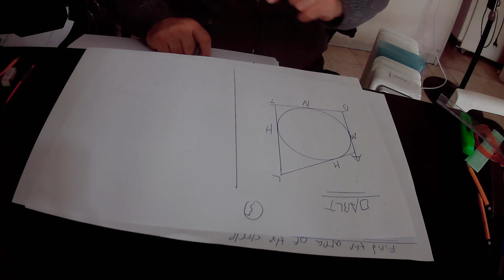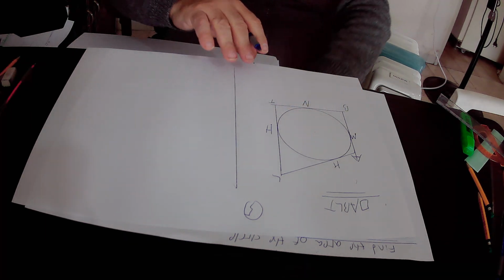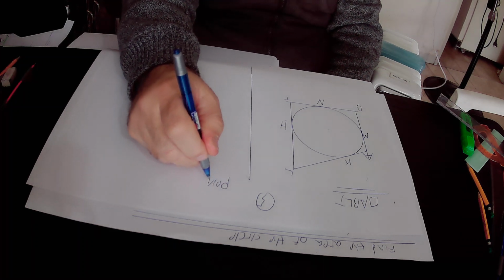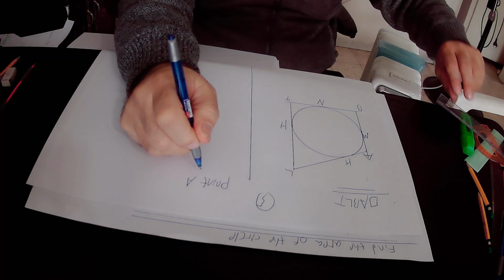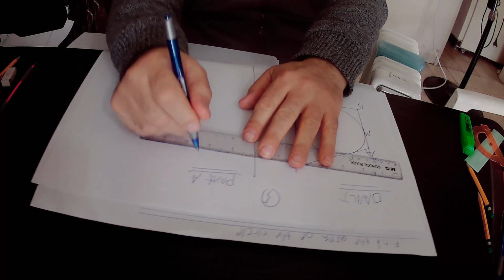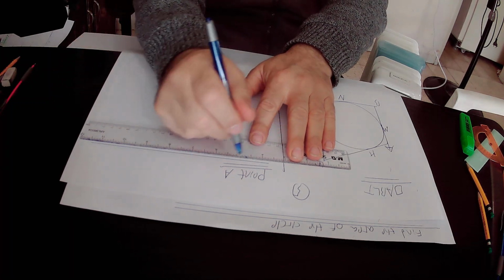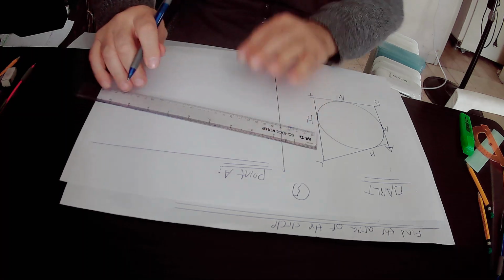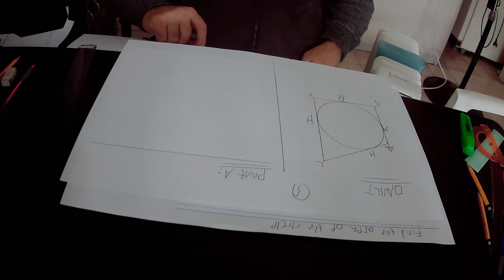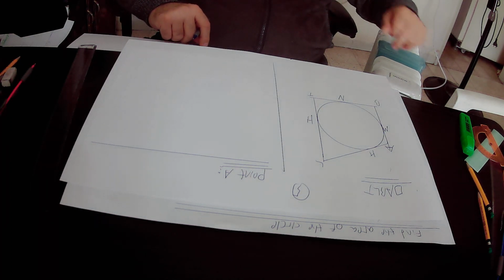In the next step, we will focus on the common external point, point A. And we'll implement here rule 2.